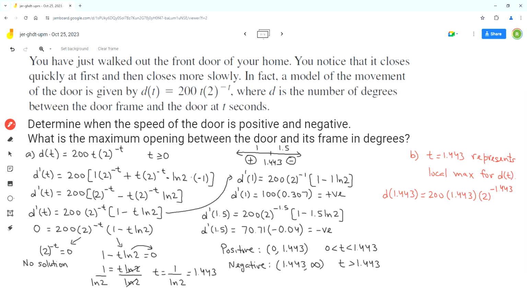So now we can evaluate this expression. 200 times 1.443 is equal to 288.6 times 2 to the power negative 1.443, which is equal to, I rounded the answer to 4 decimal places, and now we can do this multiplication.